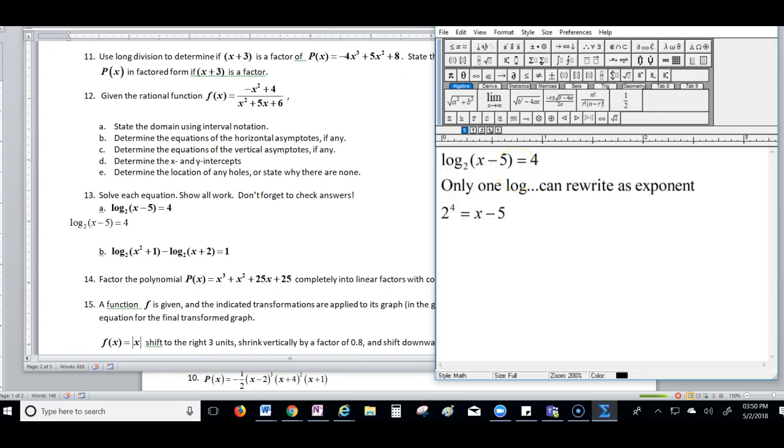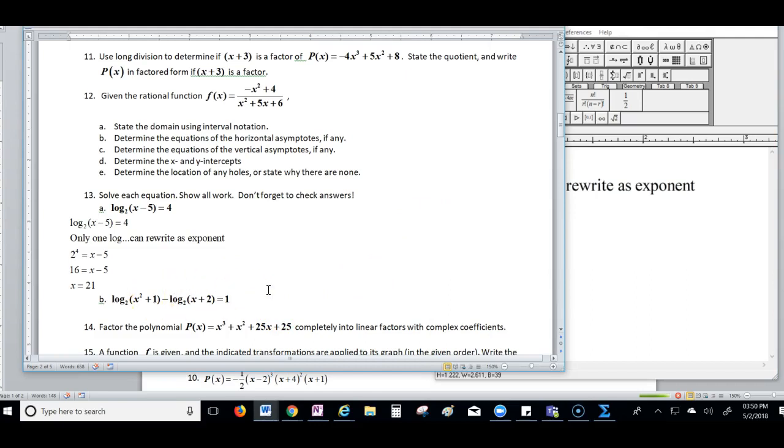So rewriting that log as an exponent got that variable x out of the inside of the log equation, so I can now solve for it. So this is 16 equals x minus 5, x equals 21.